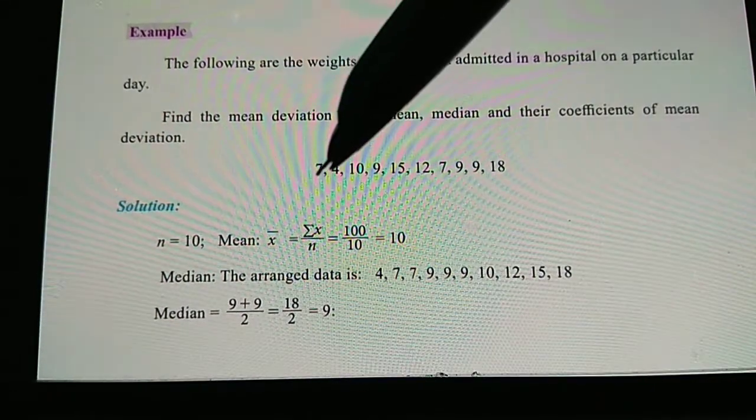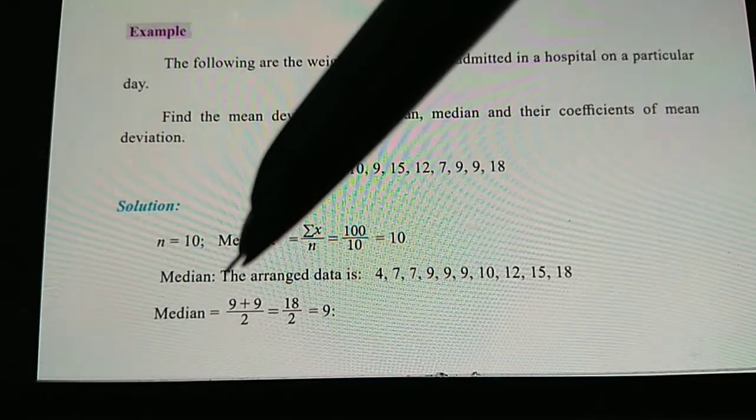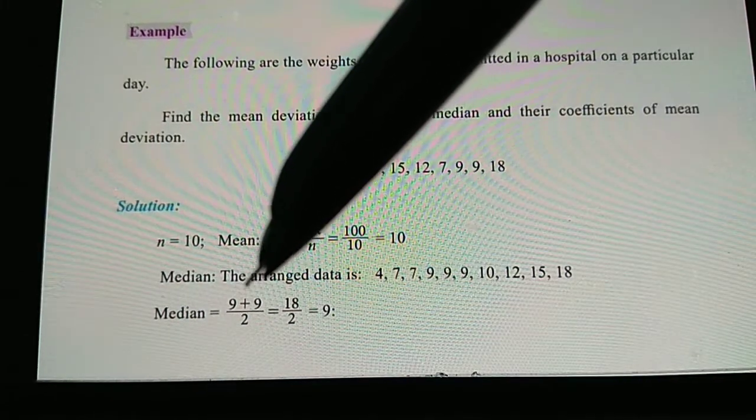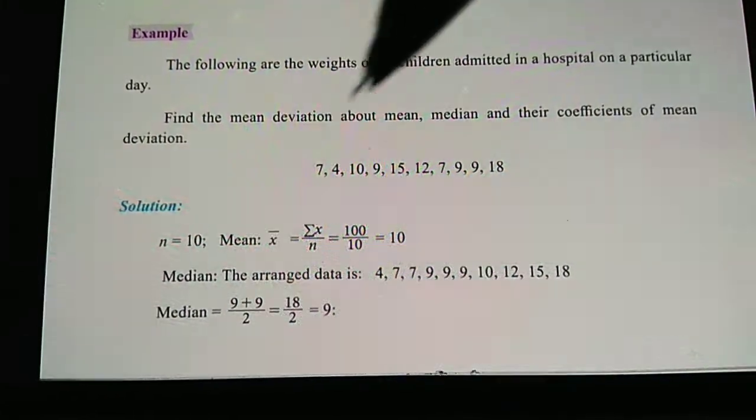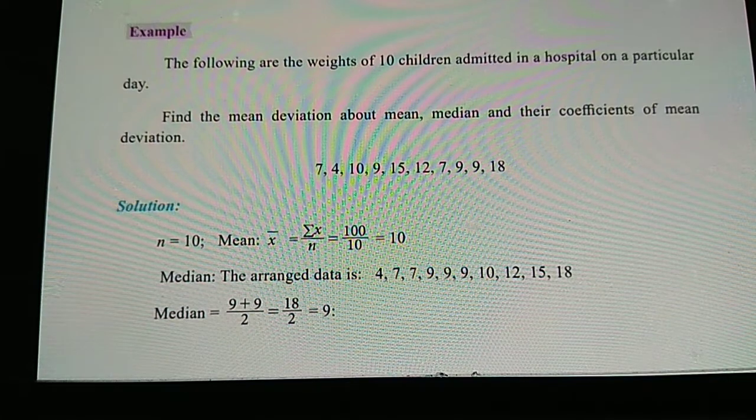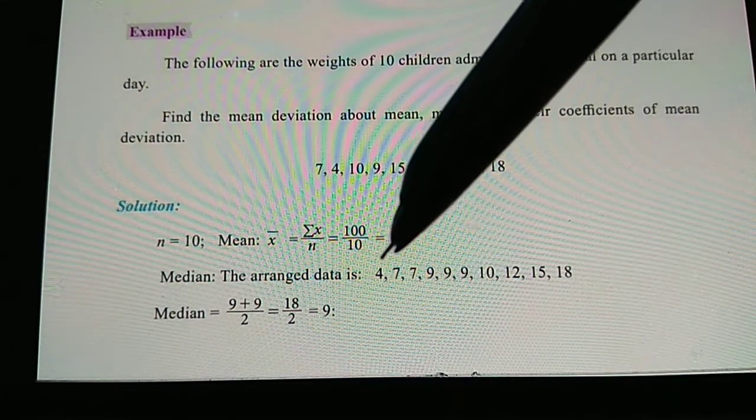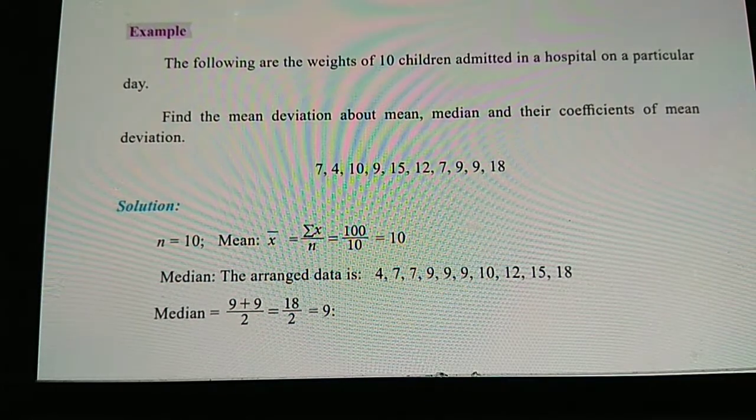The position is n plus 1 divided by 2. The fifth and sixth values are 9 and 9, so the median is 9 plus 9 divided by 2, equal to 18 divided by 2, equal to 9. That is, the median is 9.